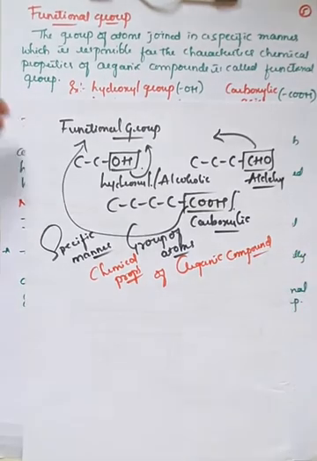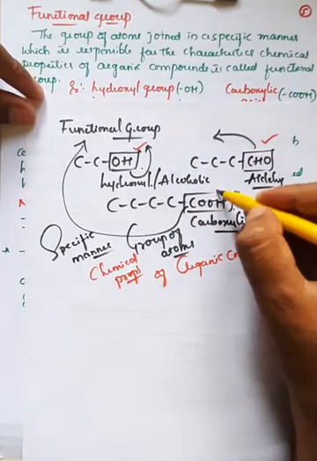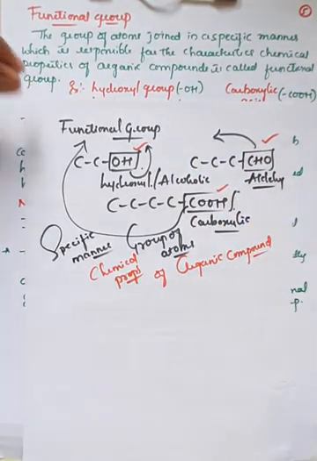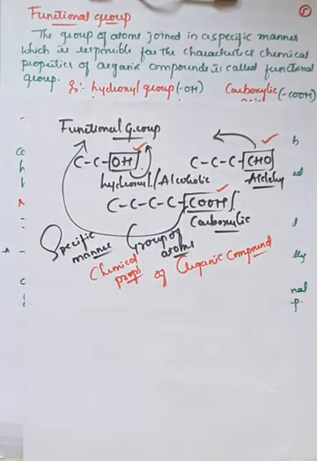So therefore it is called a functional group. For example, OH, CHO and COOH. In a carbon chain, if you take OH, generally we call it a hydroxyl group, or you can also call it an alcoholic group. Here this OH group acts as a functional group.